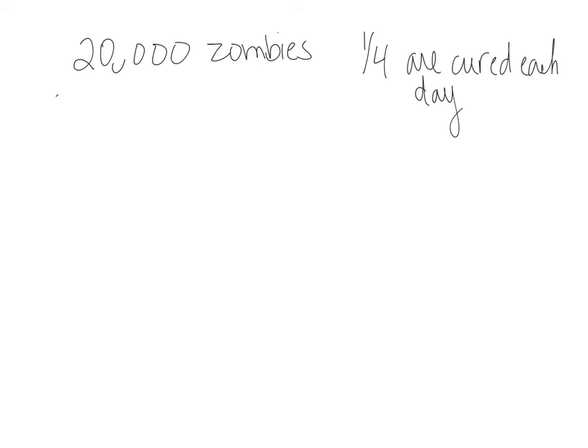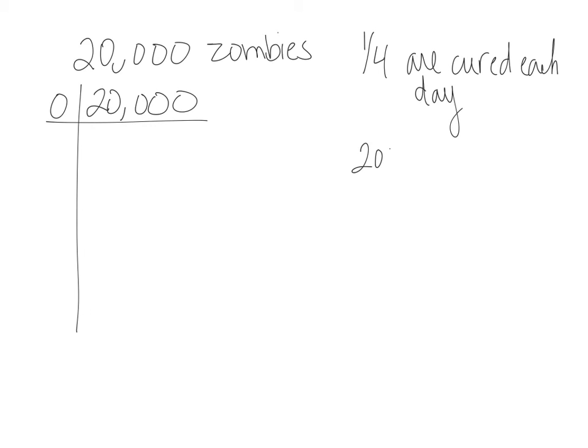So on day 0, we end up with 20,000 zombies. That's our starting point. Now, if 1/4 of them are cured, that means when I do 20,000 times 1/4, I get 5,000. This is 5,000 cured.